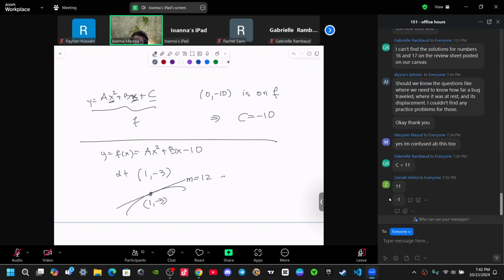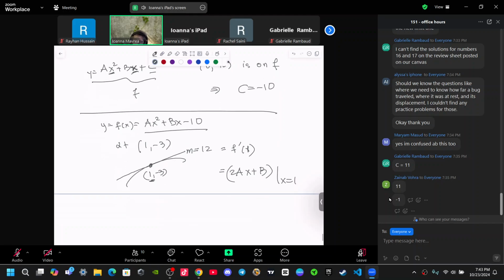The slope is the derivative at 1. You take the derivative, 2ax plus b, and you plug in x equal 1. That derivative has to be 12. So 12 is equal to 2a plus b. Didn't I just do that? Oh, that's similar to the other one.